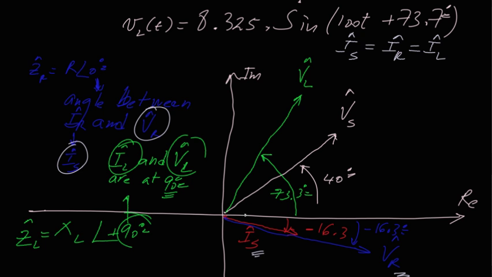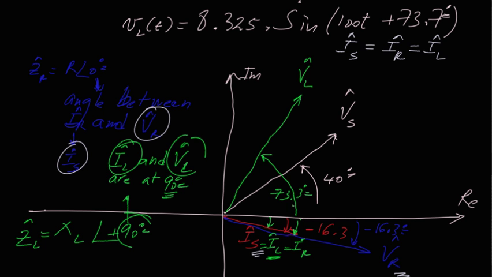Now let's see if that squares with everything we've been saying here. If this is 73.3, and from here to here, and this is IS. Remember, IS is the same as IL is the same as IR. So if I take IL, there's a minus 16.3 and there's 73.3.